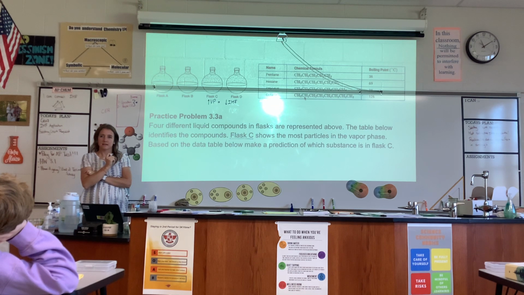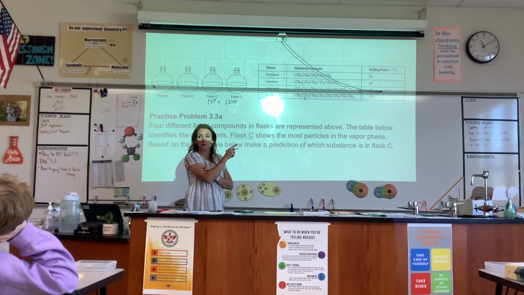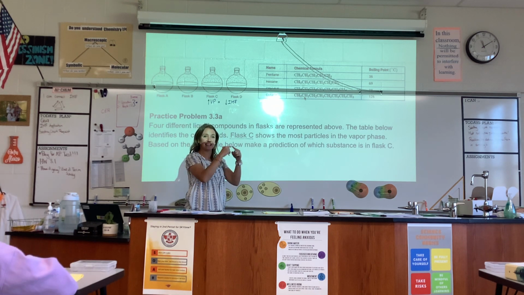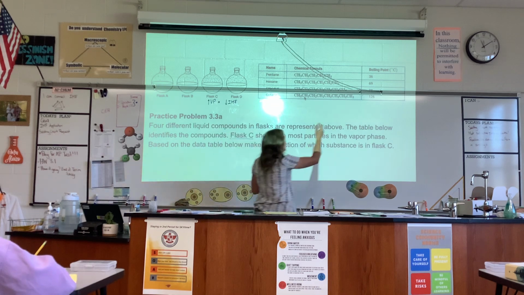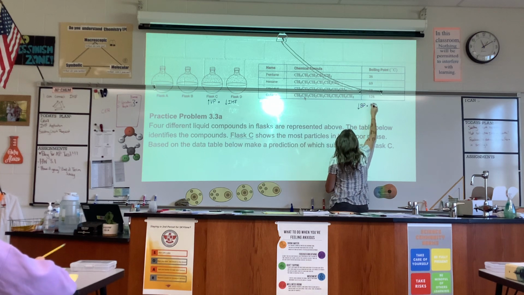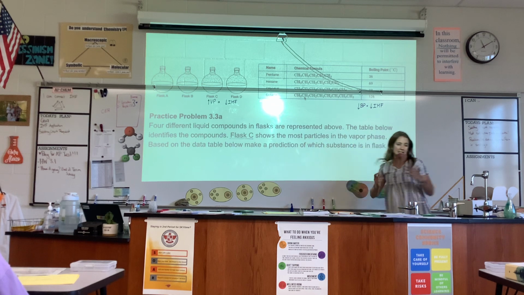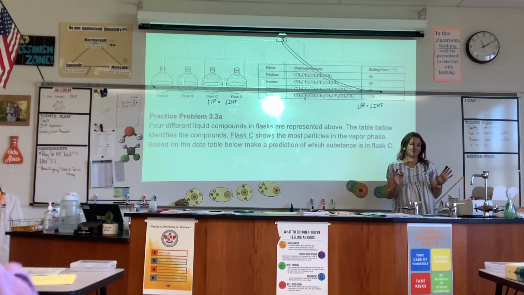The table gives me data about boiling points. So if I can connect that to IMFs, then that connects the two together. The connection between boiling point is, if something has a low boiling point, then it also has low IMFs.